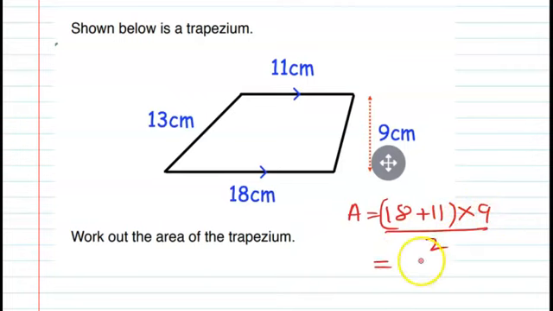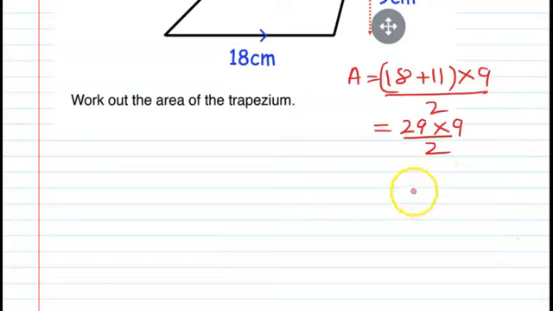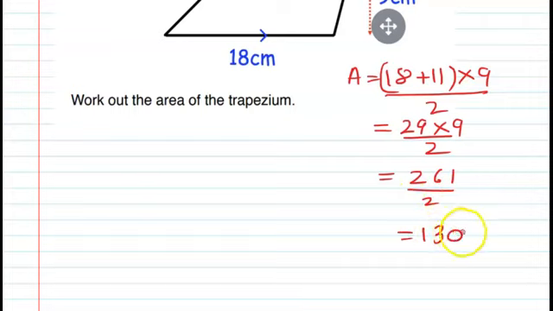So once you add 18 plus 11, what do you get? 29. Okay. 29 times 9 divided by 2. Now 29 times 9, how much will it be? 261. And once you divide it by 2, how much is it? 130.5 centimeters square.